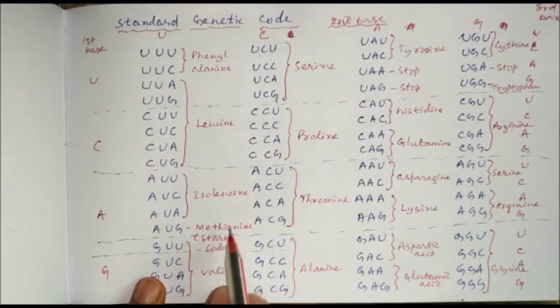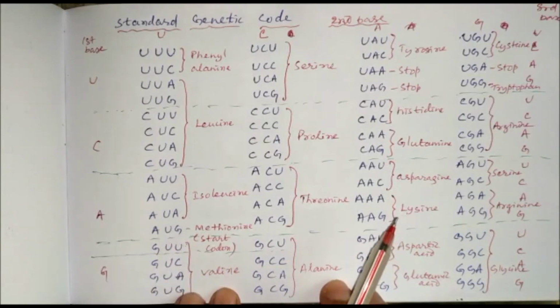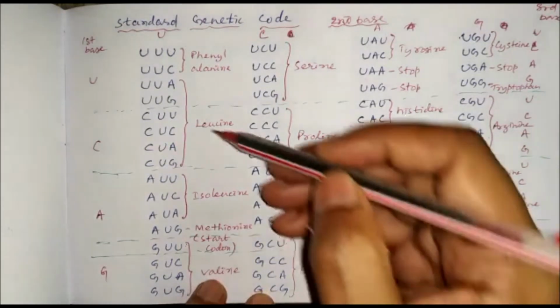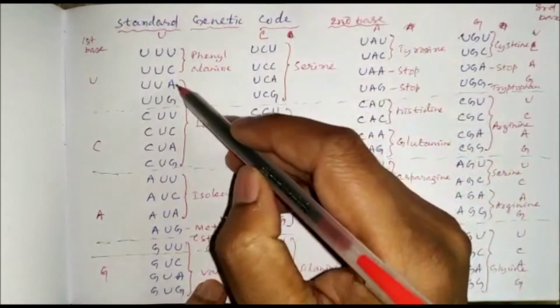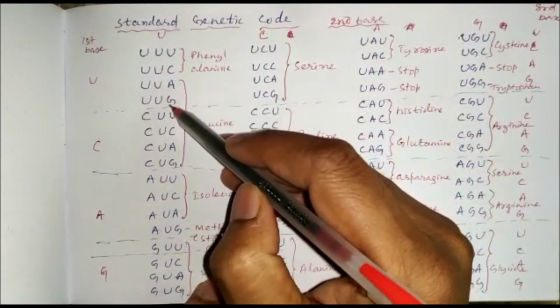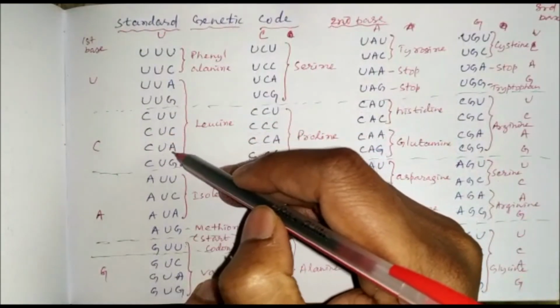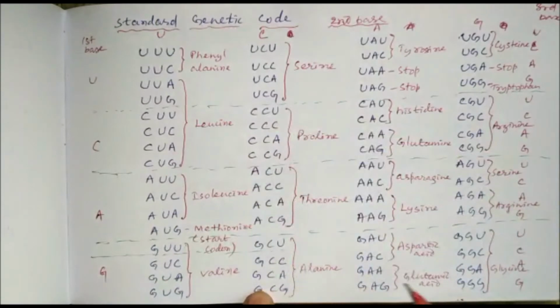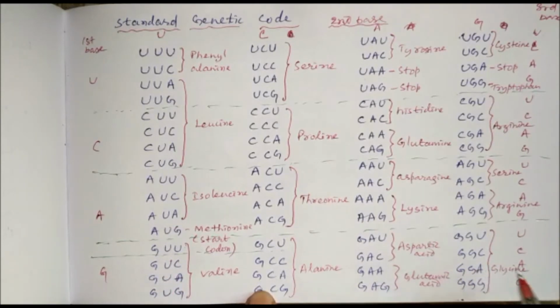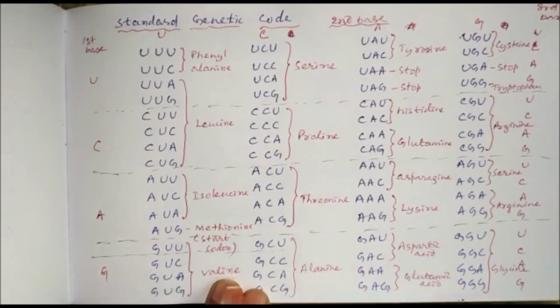So methionine is coded by AUG, and for the rest of the 19, you can see here, leucine has 6 codons: UUA, UUG, CUU, CUC, CUA, CUG. Likewise, certain amino acids have 4 codons: GUU, GUC, GUA, GUG for valine, and similarly some have 2, some have 1 codon. In total, the 20 amino acids are represented by 64 codons.